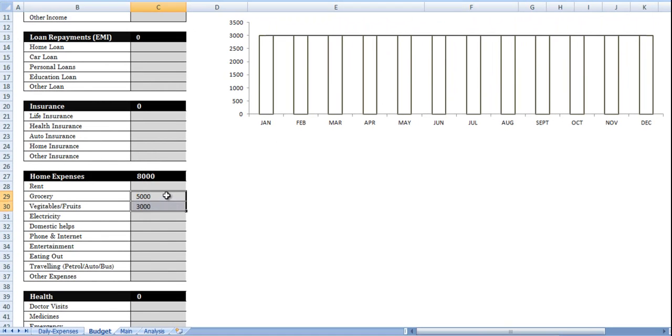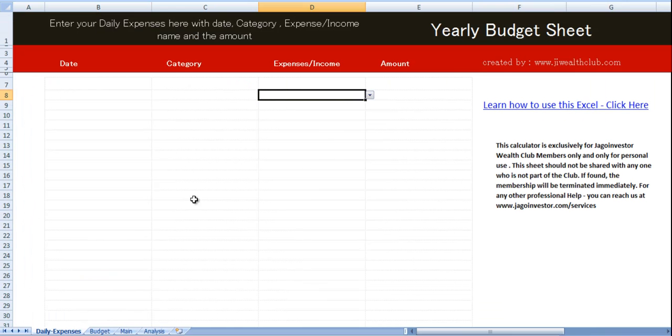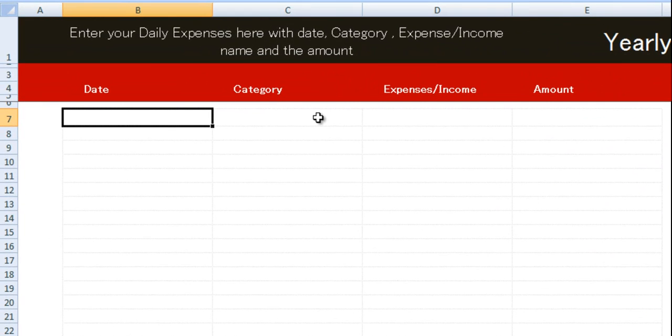Now once you do these two things, you have to come to the first sheet, that is the daily expenses sheet, and here you record your daily transactions. So let's say today you spent 500 rupees. You put today's date, 03/04/2013.